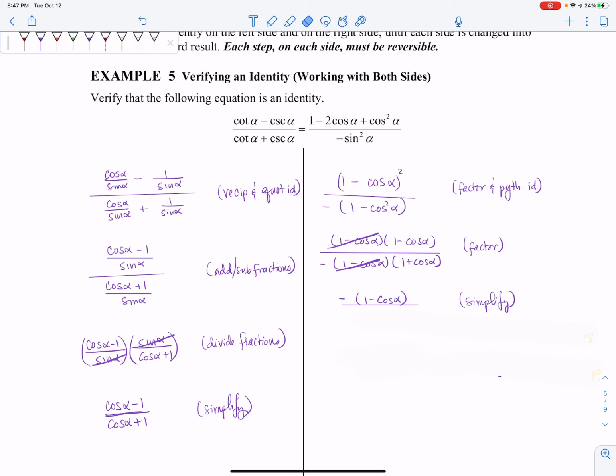So moving it to the top, leaving the bottom alone, and then we go ahead and distribute. And now I can see that my tops are matching as well. They are written in a different order, but they are exactly the same thing, a -1 and a positive cosine of alpha. So we would say that, yeah, I've been able to change it to the other side.